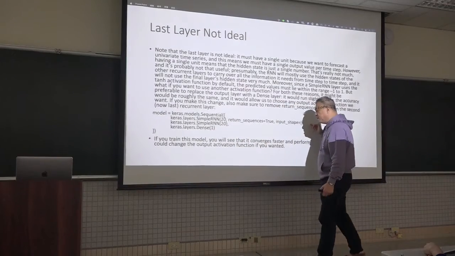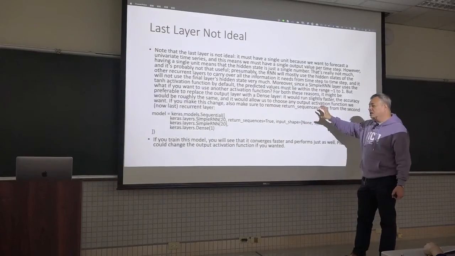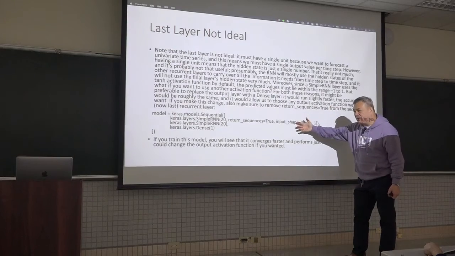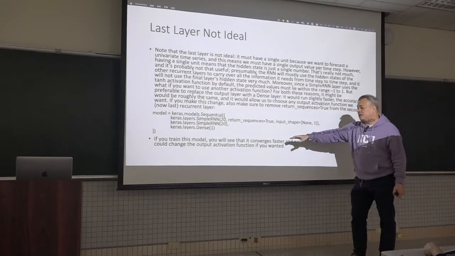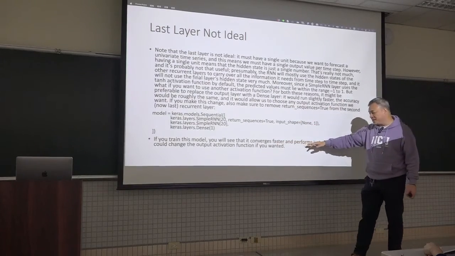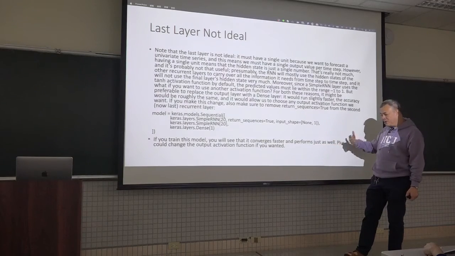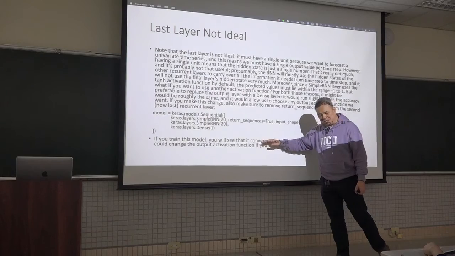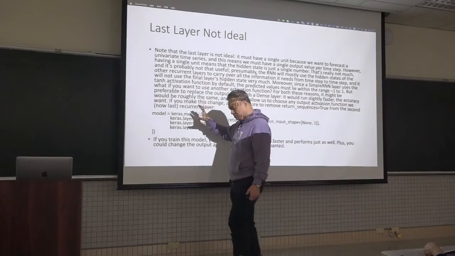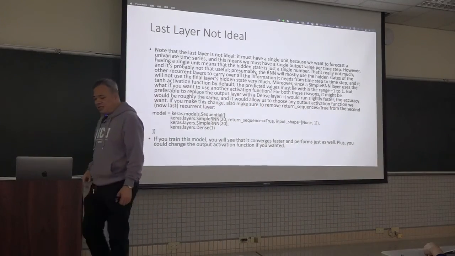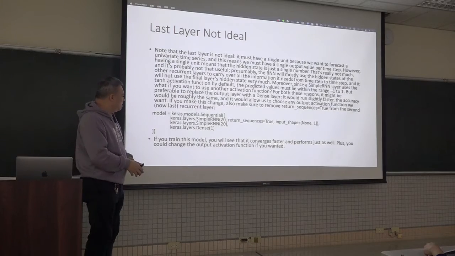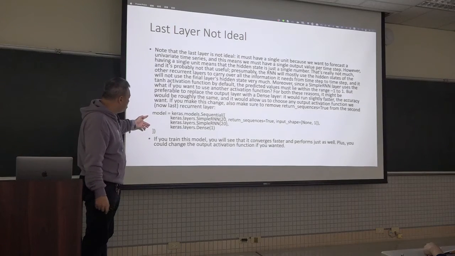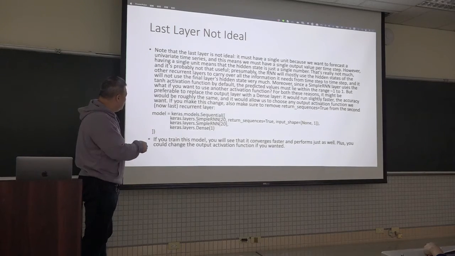That's it. So if you try to train this model, this model actually converges faster, and performs roughly the same. Why does it converge faster? It is because, in terms of complexity, this model is easier.